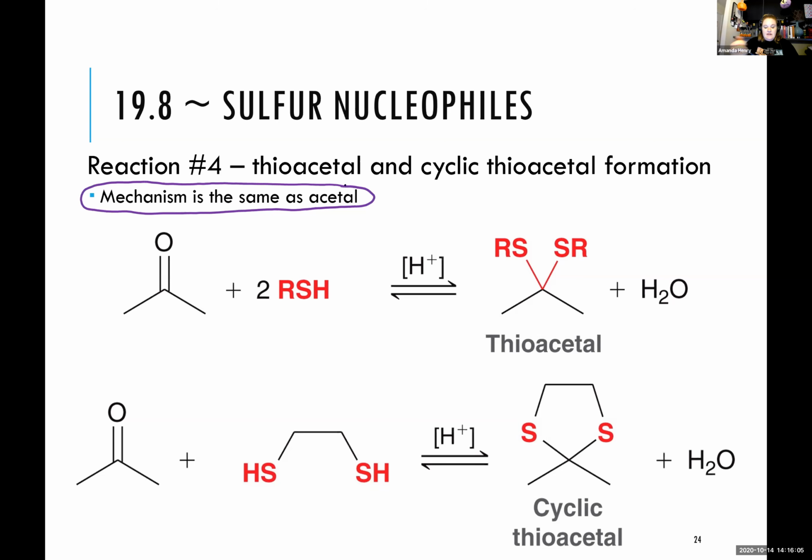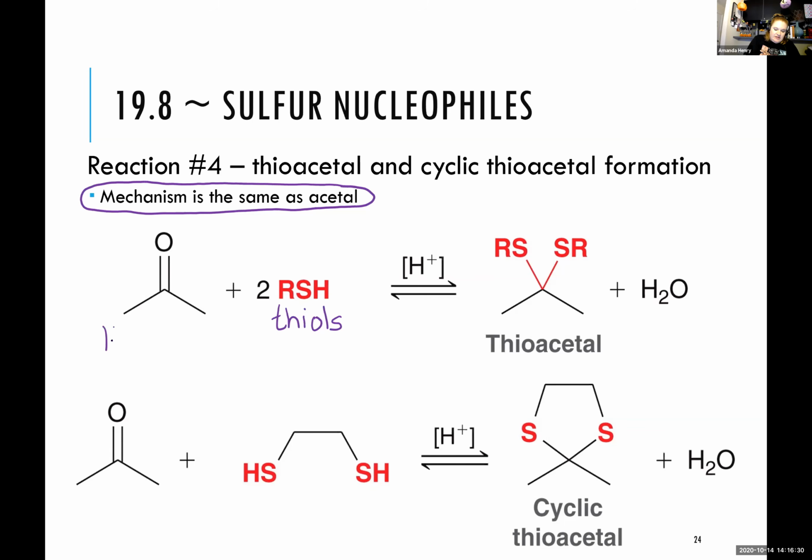And that means that for this reaction, the mechanism is going to be the exact same as what we saw for the acetal. So the acetal is when we added alcohols. In this reaction, we're going to add thiols. But how it reacts is going to be the exact same.